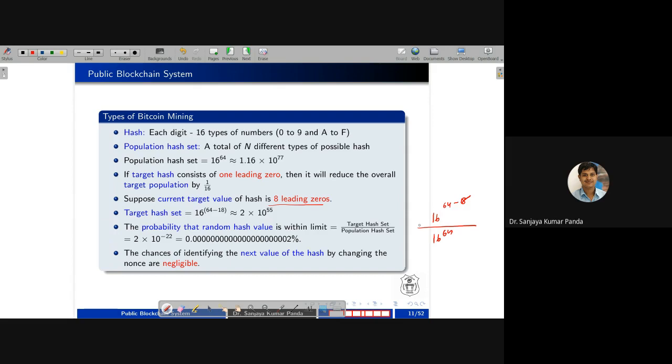If you calculate this, you will get the probability of a random hash value, which is 0 followed by 22 zeros and 2, which is very, very minimal. So the chances of identifying the next hash value by changing the nonce are negligible, because the probability is very, very less and you need more computational power, which is not practically feasible.